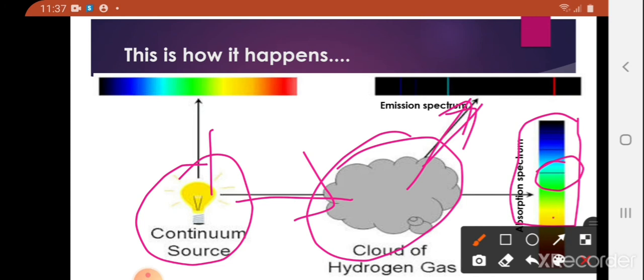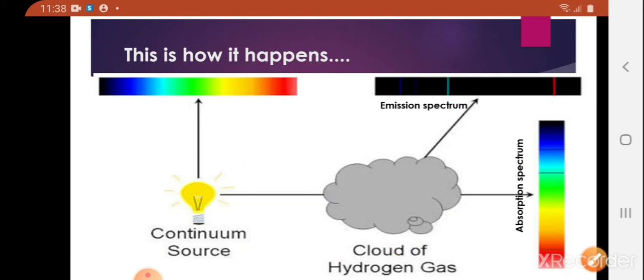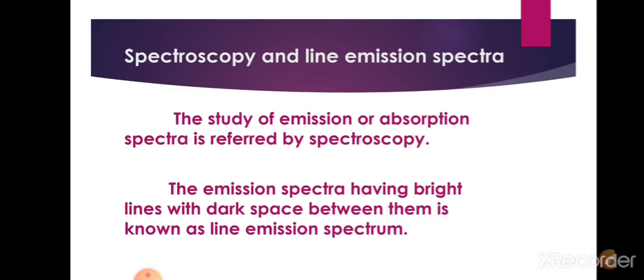Missing colors are there in the absorption spectra, and whatever radiation or energy is absorbed and emitted by the atom, we can see the emitted radiation here. This is the emission spectra and this one is the absorption spectra. Now, all in all, the study of emission or absorption spectra is spectroscopy. It is referred to as spectroscopy.